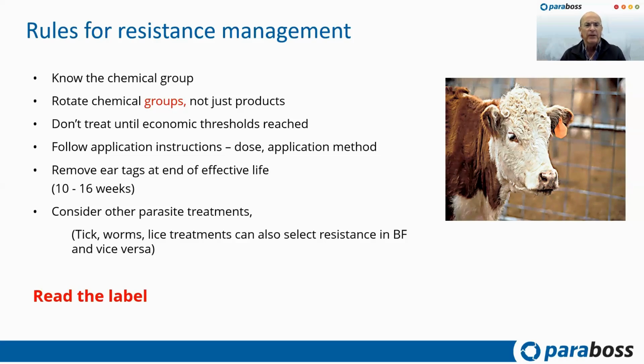And remember that the same actives are used for a number of the other parasites, and when you're treating those parasites, you're also affecting buffalo flies. So try and get your rotation systems up, taking into account the other things you're going to use. And as I said, critical: read the label. We always say it, but just another reminder.